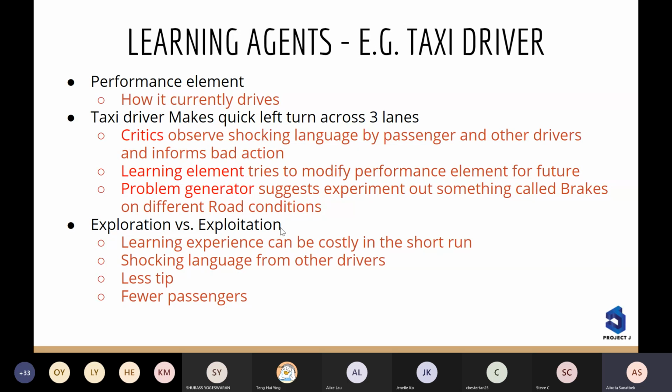So experimenting with a learning agent can be very costly or difficult in the short run, but it's definitely very productive and beneficial in the long run, right?